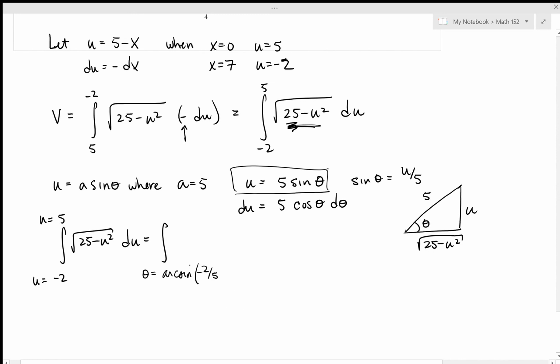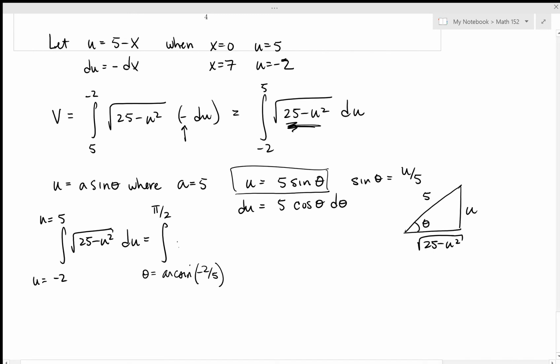And then the upper limit is going to be pi by 2, because when u is 5, sine theta is 1. And what angle gives you sine theta of 1? That is pi by 2.